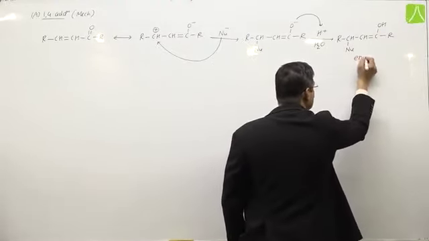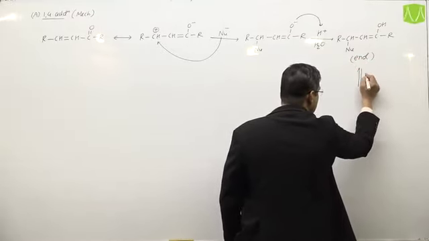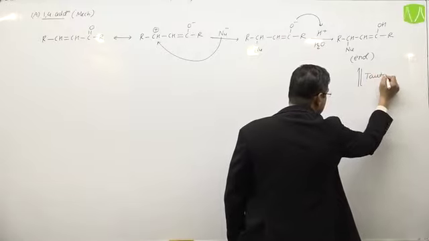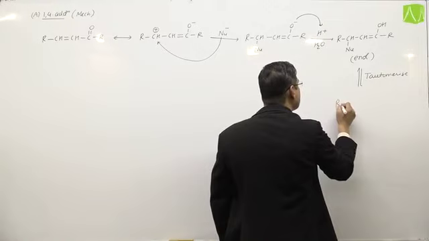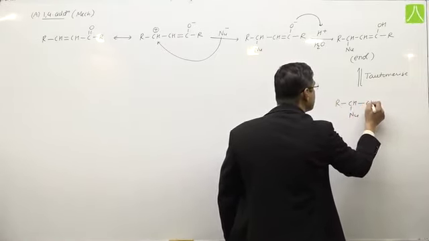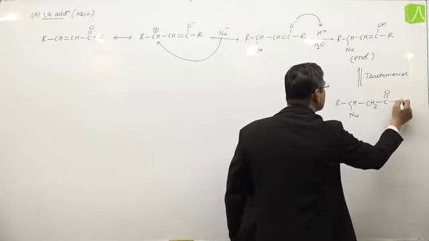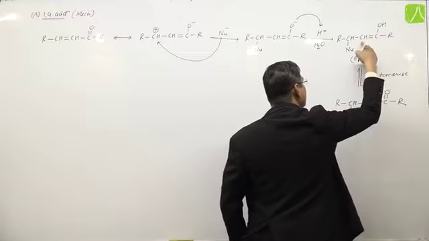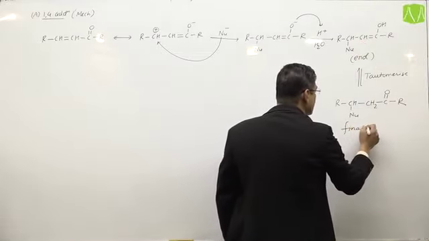But this is the enol. So enols are generally less stable. So after tautomerization, it is converted into ketone. So hydrogen is transferred to the alpha carbon, and this is the final product.